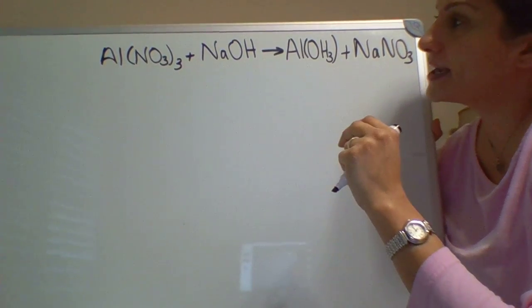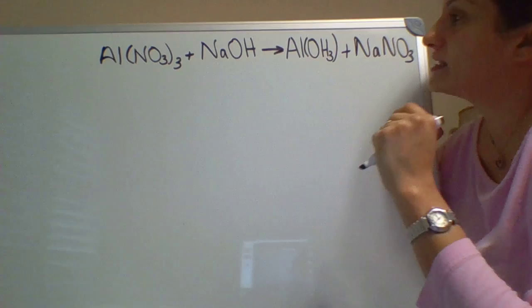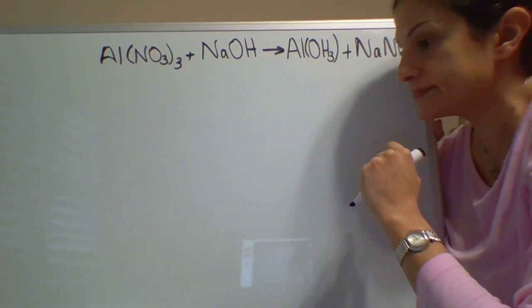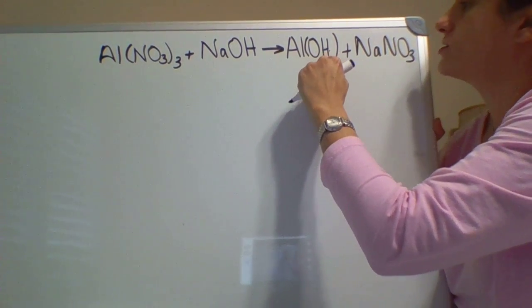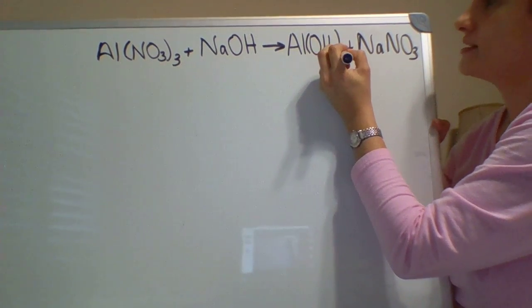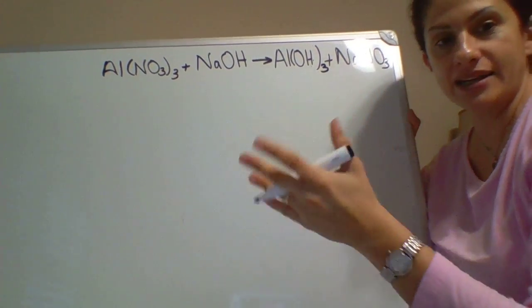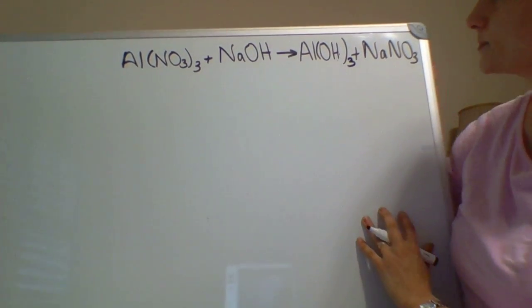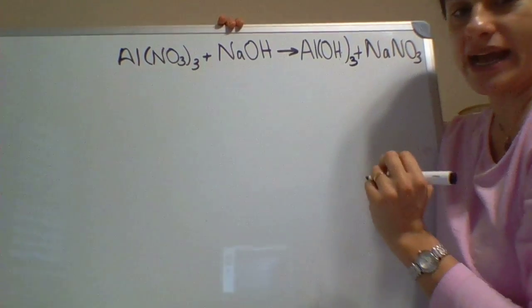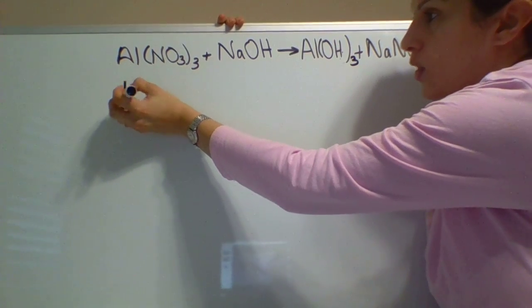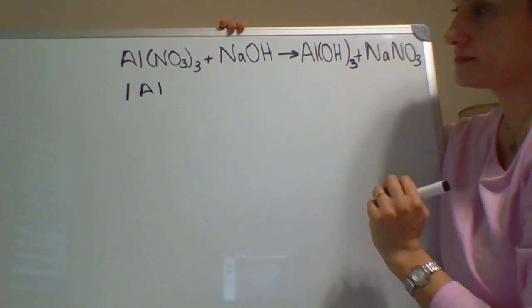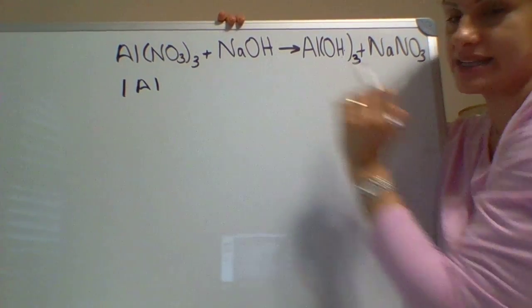So we have aluminum nitrate, sodium hydroxide, to give you aluminum hydroxide and sodium nitrate. So let us look at the reactant side and the product side. On the reactant side, we have 1 aluminum. Remember the parentheses.